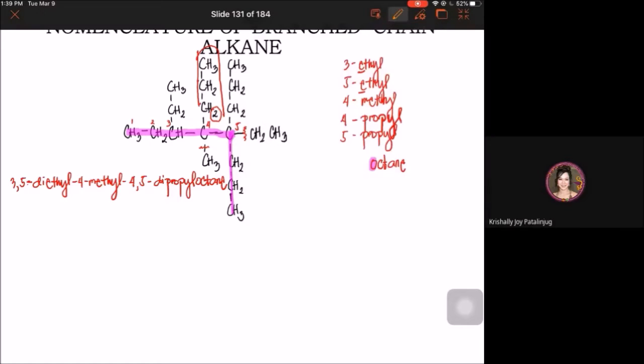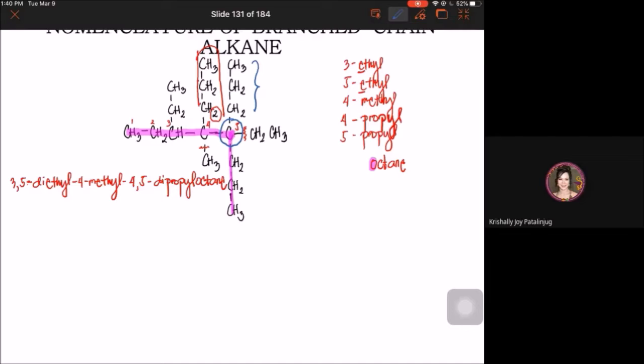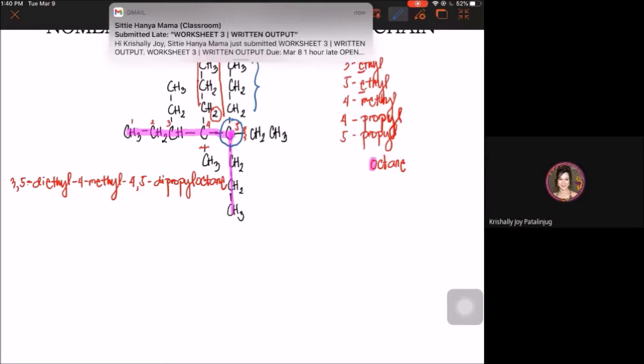Isa sa mga branch or substituent, example lang ha, na ako'y i-modify. Say for example, isa sa branch sa carbon 5, specifically this portion, I will modify it into a substituent that has a sub-branching as well.